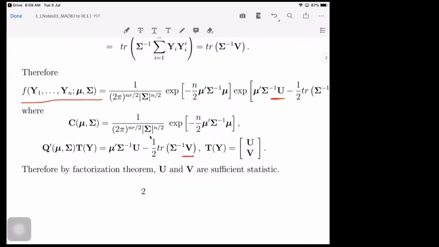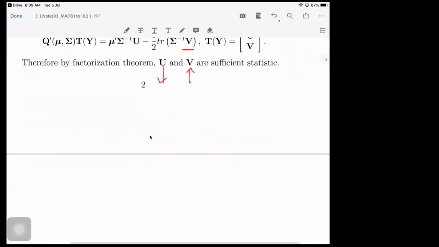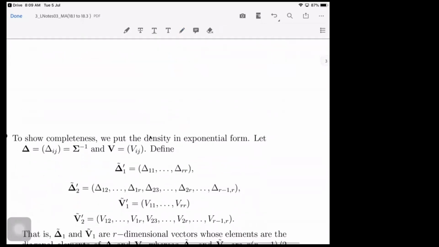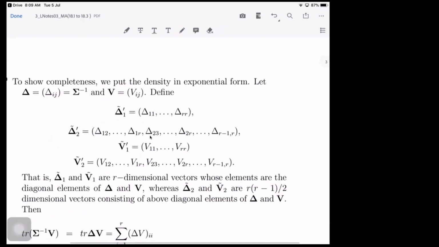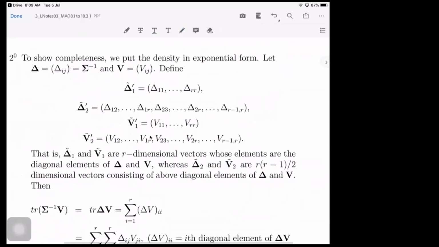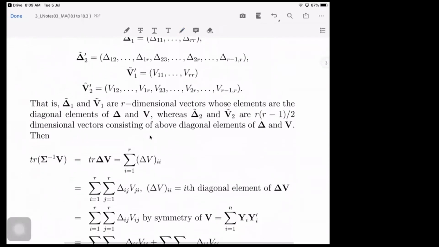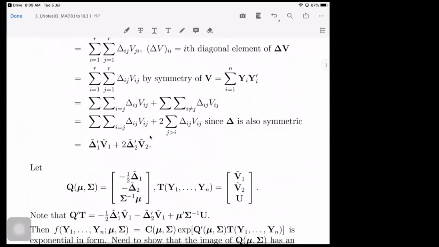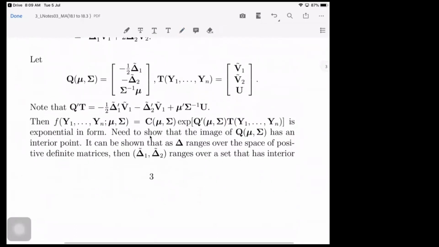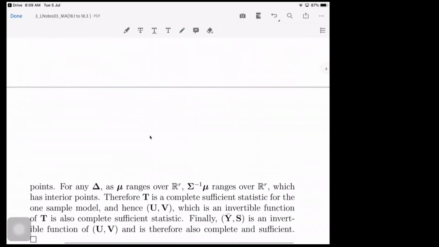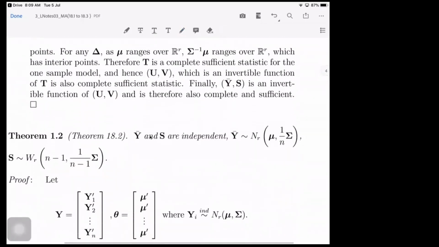So you have u and v, where u is the summation of yi and v is the summation of yi prime, which is a sufficient statistic. And then to show completeness, we had to have knowledge of the exponential form. I did not discuss the proof of that.